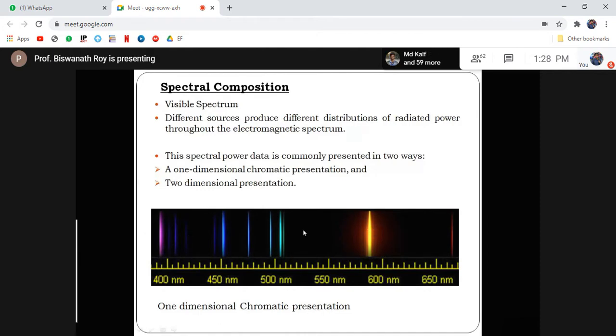We can see the different wavelengths, and the beauty of our visual system is that we can perceive different wavelengths as different colors. Again I repeat, we can perceive different wavelengths as different colors.